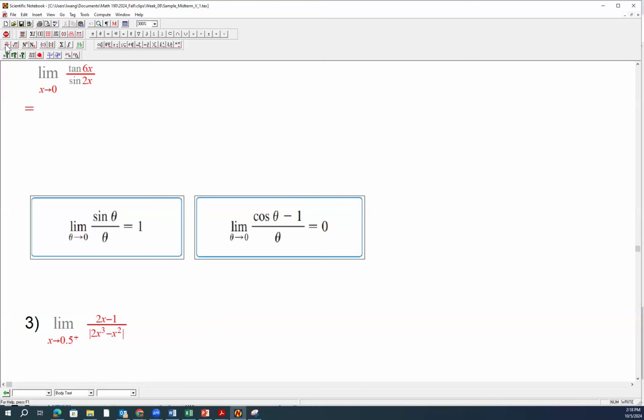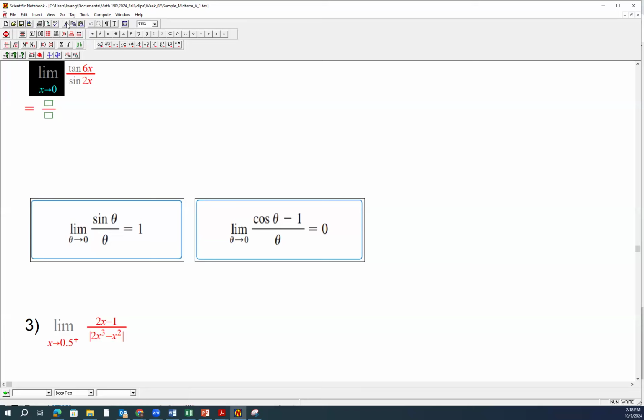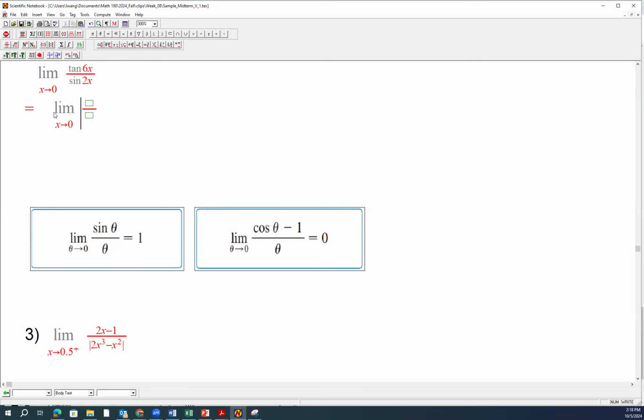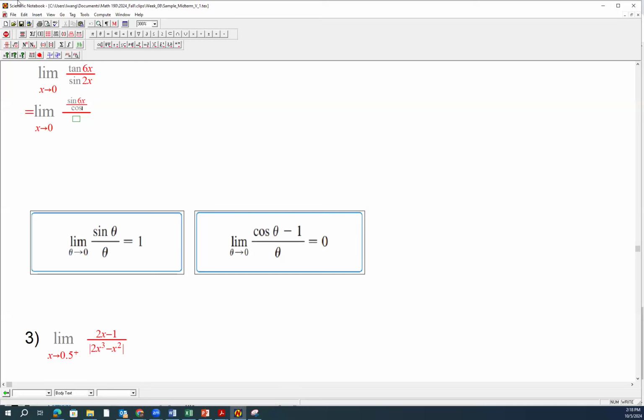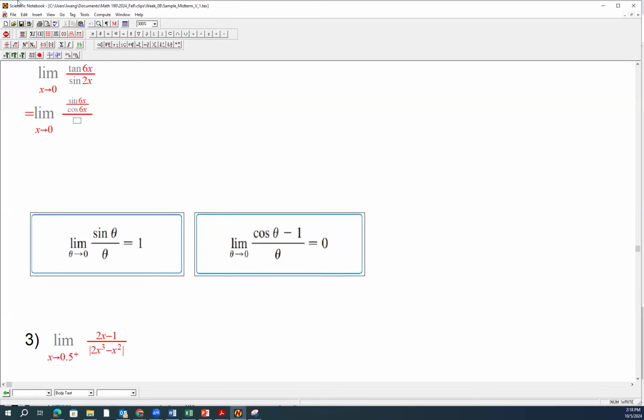So what we can do is take the limit, and it's still going to be sine 6x over cosine 6x, over sine of 2x.